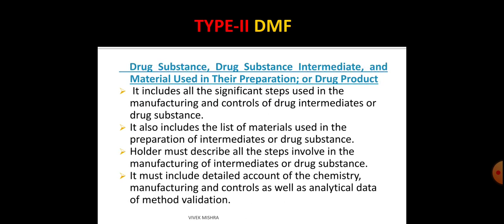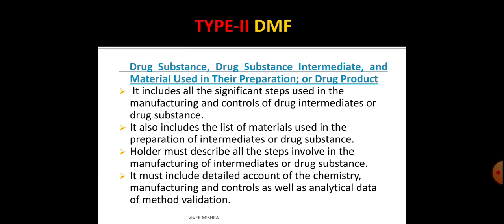What is the type 2 DMF? In type 2 DMF, drug substance, intermediates, material used in their preparation, and drug product. It includes all the significant steps used in the manufacturing and control of the drug intermediates and drug substance, like which steps we use for the preparation of either intermediate or drug substance.